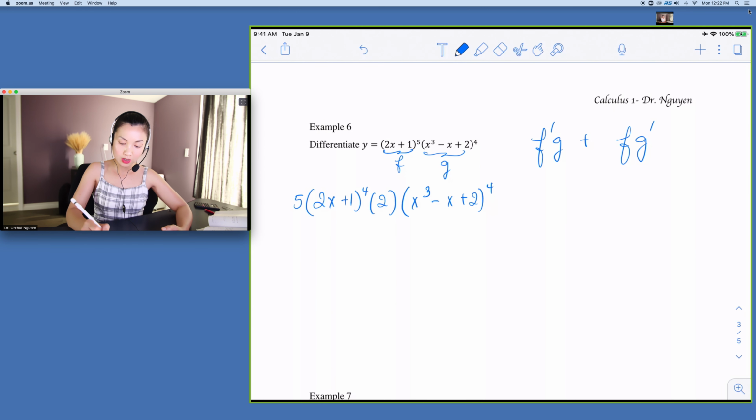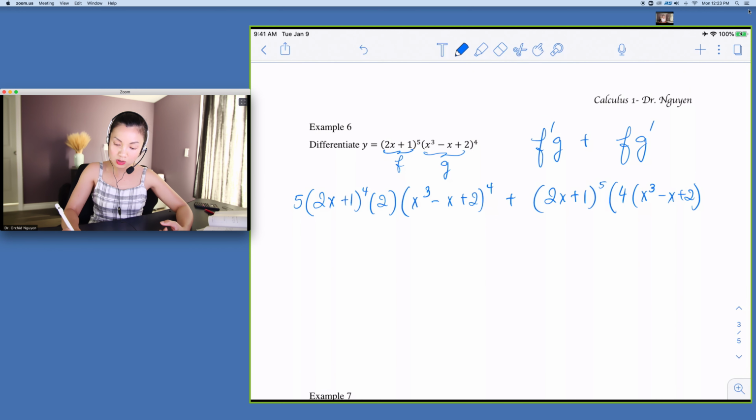Plus f, which is 2x plus 1 to the 5th power. Now we take care of the g. So g is 4x cubed minus x plus 2 to the 3rd power, and chain rule, so I have 3x squared minus 1.